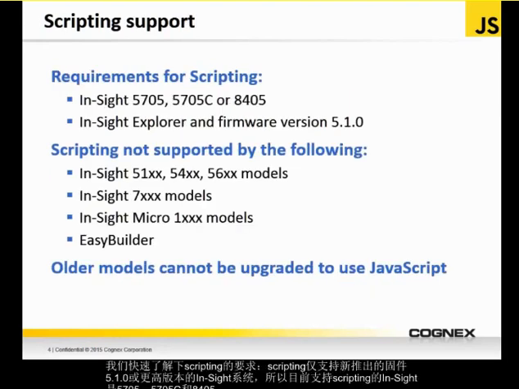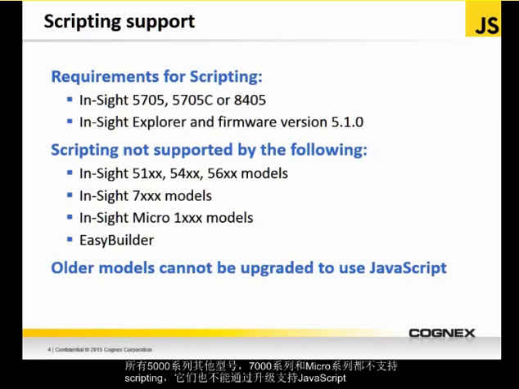So a quick note about the requirements for scripting. Scripting is supported only on the newer Vision systems that carry firmware version 5.1 and, in the future, higher versions. So today, the only Insight Vision systems that will support scripting are the 5705, 5705 Color, or the 8405 Vision systems.